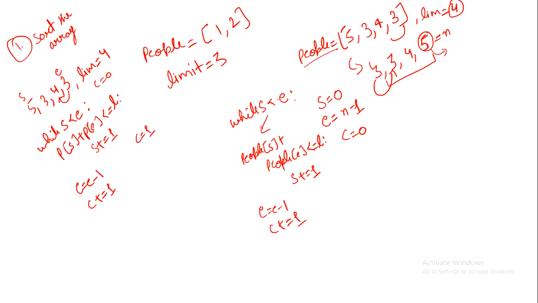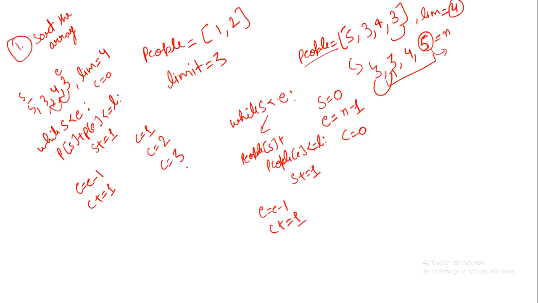Now we will do 5 plus 4, that is 9, less than or equal to 4? No. So e will be decremented and move to here, and count is now going to be 2. Then 5 plus 3, so 8 less than or equal to 4? No. So in that case also c is going to be 3.